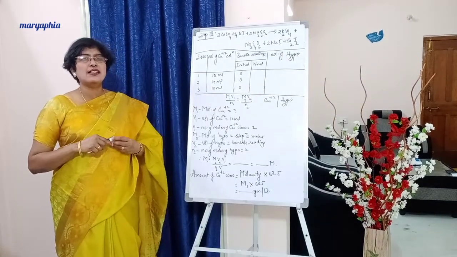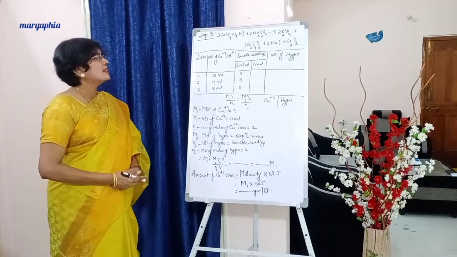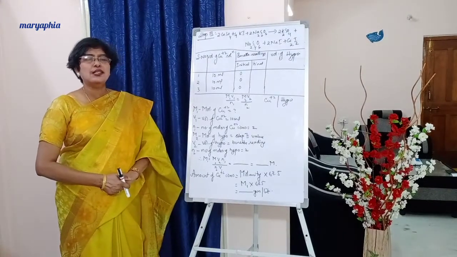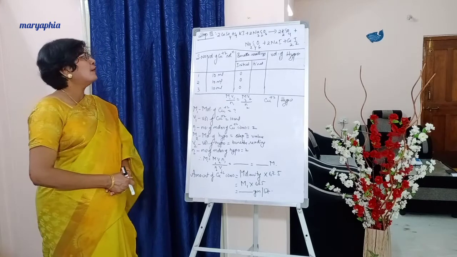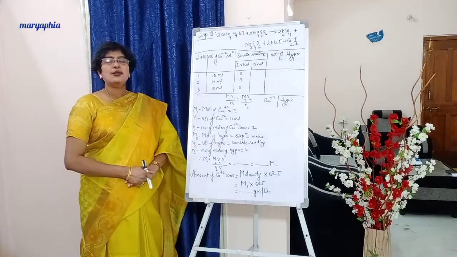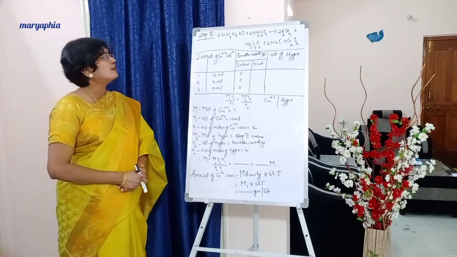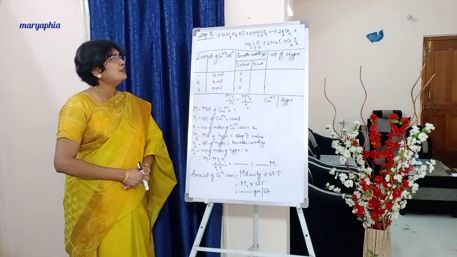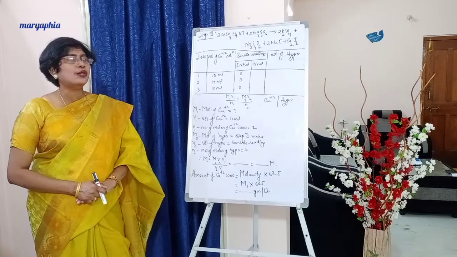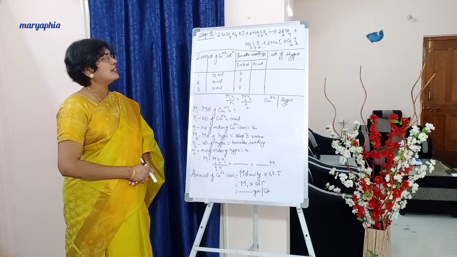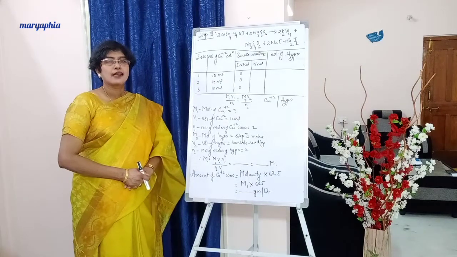Next, step 3, students. First write down the reaction. 2CuSO4 plus 4KI plus 2Na2S2O3 gives rise to 2K2SO4 plus Na2S4O6 plus 2NaI plus Cu2I2. Okay.